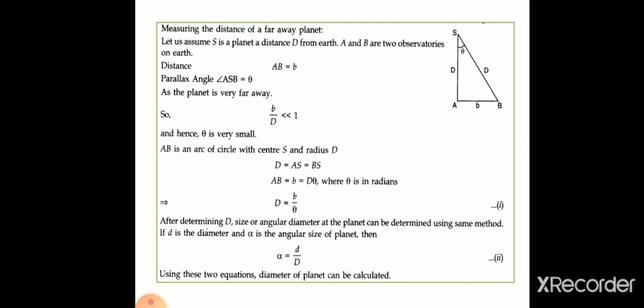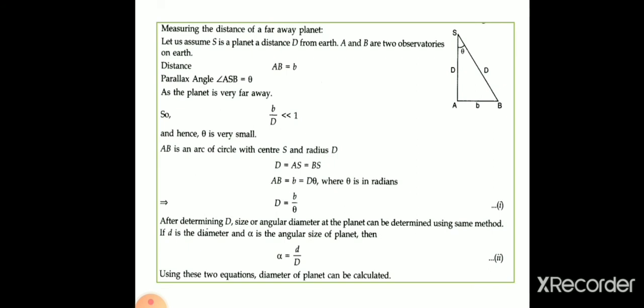So from the figure, we can see that capital D is equivalent to AS, which is equivalent to BS. And we had studied the fact that arc by radius will be equivalent to theta, that is the angle subtended by the radius at any 2 points on the circle. Here AB can be considered as the arc of the circle, capital D the radius of the circle, and S the center of the circle.